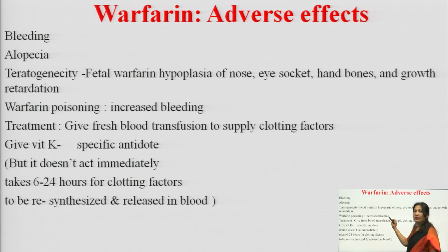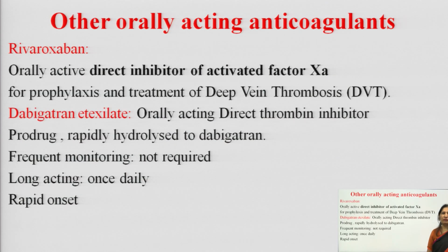So, to control the bleeding in overdose, we either give fresh whole blood or we can also give vitamin K as a specific antidote. But vitamin K cannot act immediately. It will take 6 to 24 hours for clotting factors to be resynthesized. These are other orally acting anticoagulants: rivaroxaban and dabigatran.